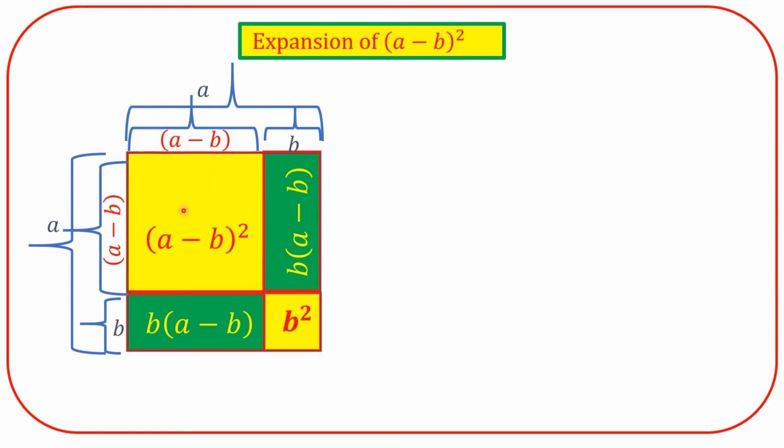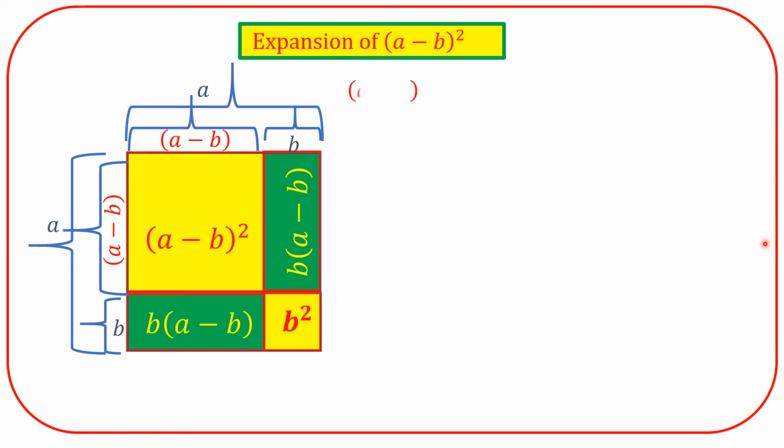Now here we calculate the area of only this part, this yellow larger square. The area of this part is (a - b) whole square. Now how to obtain it from this figure: this complete square minus this part and this part, we get the area of this part.